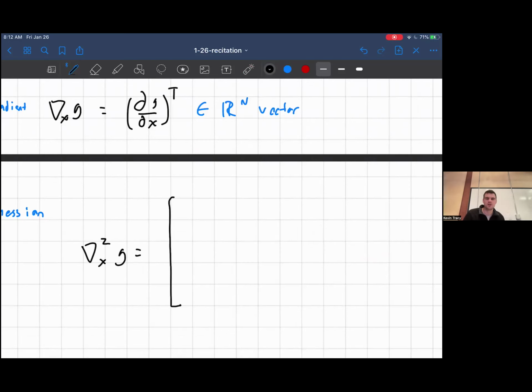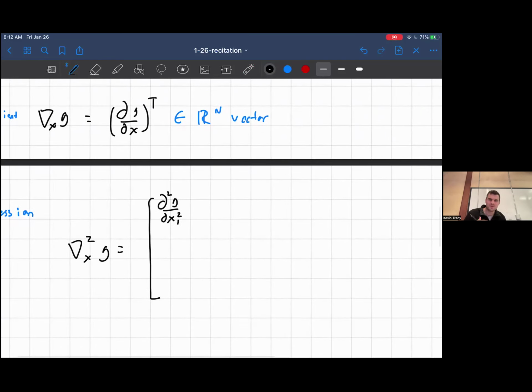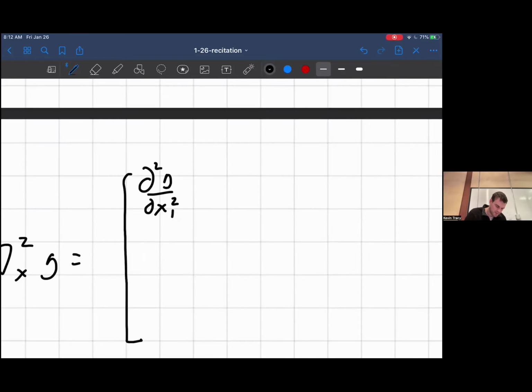And here what we're doing is we're taking all the possible partial derivatives twice. So if you imagine this is d of g, and we're going to go through and just keep doing this over and over again. So we'll do dg, x1, x2, and we just go add all these things each way.